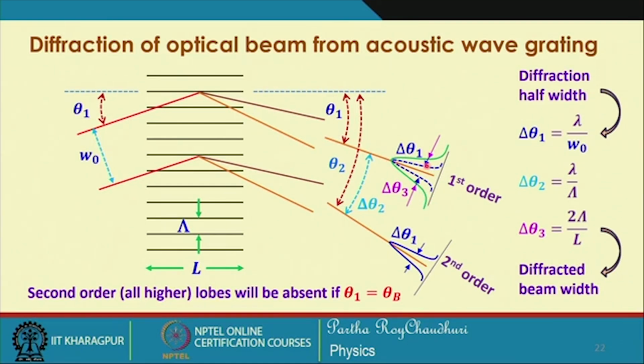So, how many of these small half widths are accommodated within this delta theta 3 is the number of resolvable spots. The number of the small delta theta 1 within this delta theta 3 is the number of resolvable spots. So, that is what we want to understand.